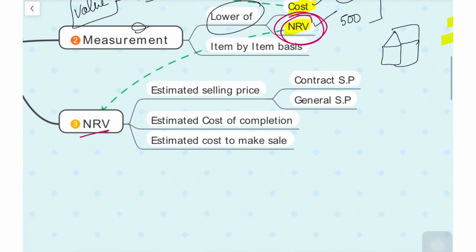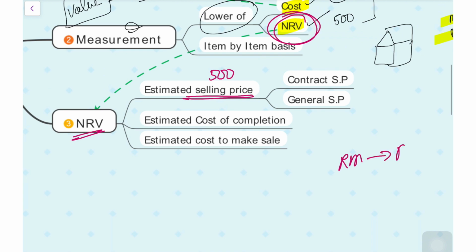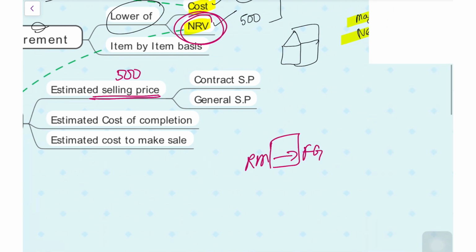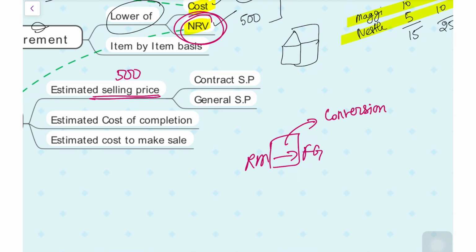Okay, so starting with your net realizable value, there are 3 items which are included in it. First is the estimated selling price. At what price will you be able to sell the cake? Suppose you will be able to sell the cake at 500 rupees. Now to bring that raw material into your finished goods, you would have incurred some expenses, which will be called your conversion cost or conversion expenses.